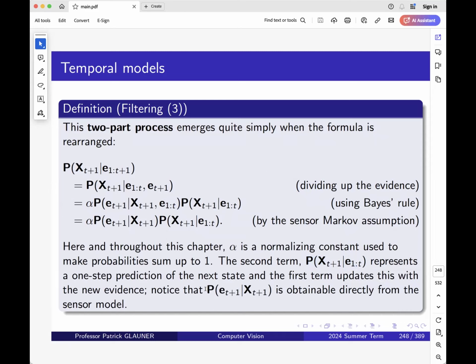And this one is directly obtainable from the sensor model, because we've looked at the sensor model and we saw the evidence depends on the state, something we had also seen in a graphical model.